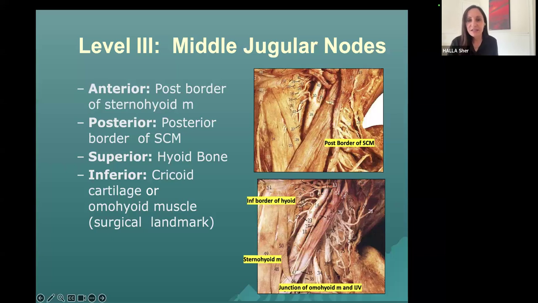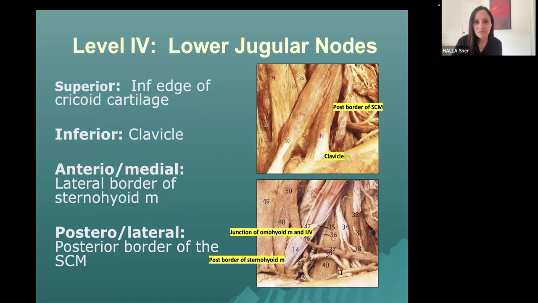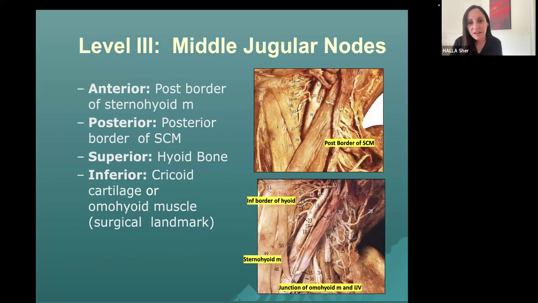The superior aspect of level 3 is the hyoid bone, and the inferior aspect is the inferior border of the cricoid cartilage, or the intersection of the omohyoid muscle and the internal jugular vein, which we see here.